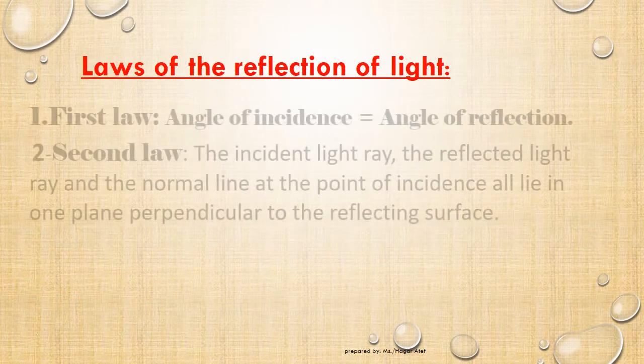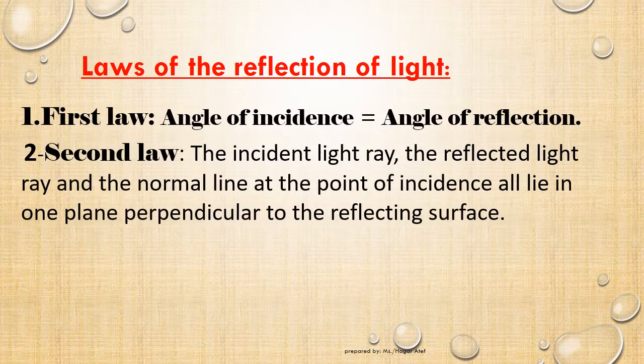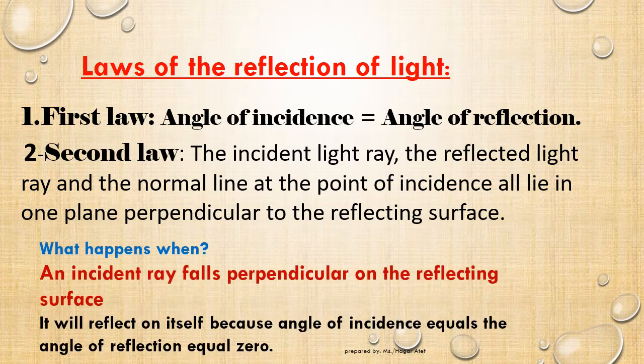Reflection of light is governed by two laws. First law: angle of incidence equals angle of reflection. Second law: the incident light ray, the reflected light ray, and the normal line at the point of incidence all lie in one plane perpendicular to the reflecting surface.